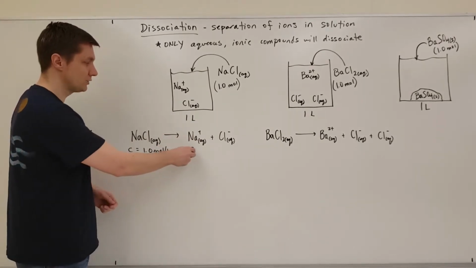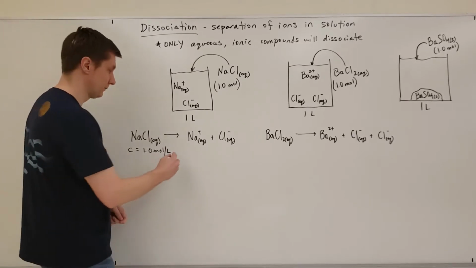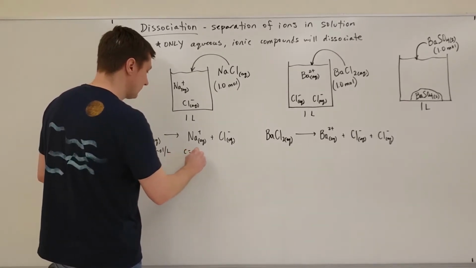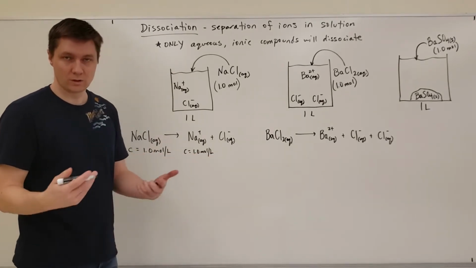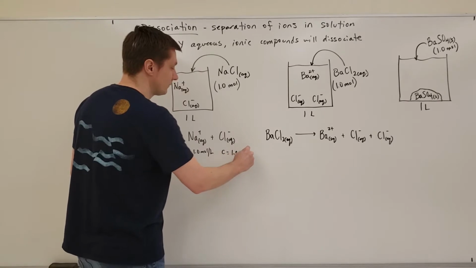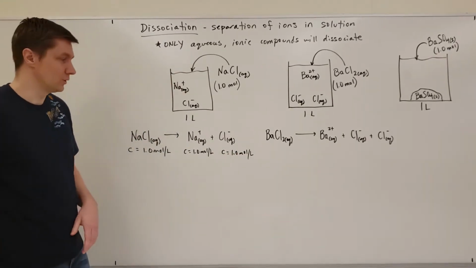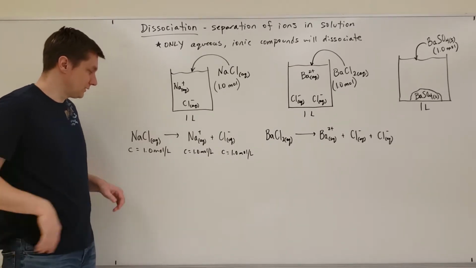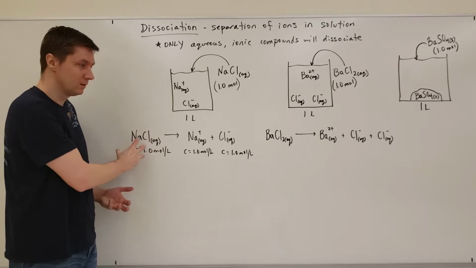And so the concentration of sodium ions is also going to be 1 mole per liter. And so it is for the chloride ions. The chloride ions are also going to be 1 mole per liter.